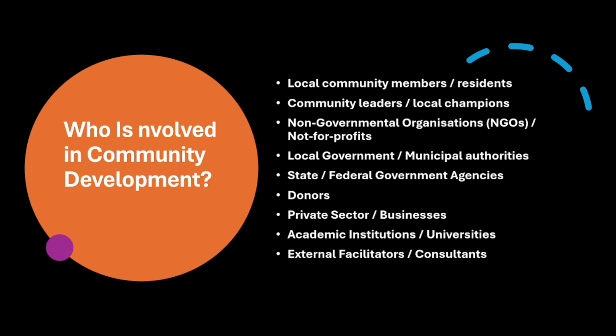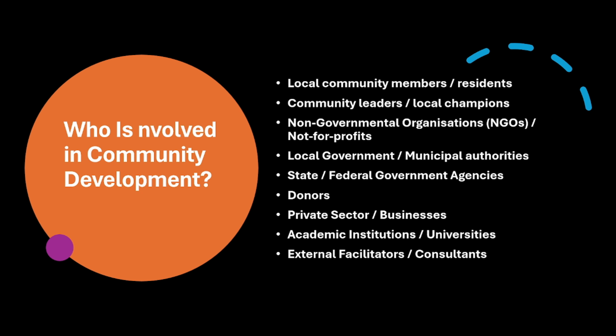Then we have non-governmental organizations, not-for-profit organizations, or community-based organizations. They also provide technical support, funding, training, and facilitation. Local governments or municipal authorities can provide policy support, infrastructure, funding, and approvals. State and federal government agencies, especially in Australia, help via grants, regulatory environment, and program funding. And we have donors who provide financial resources and capacity building grants, and private sector or other businesses.